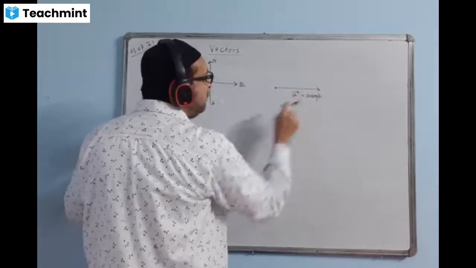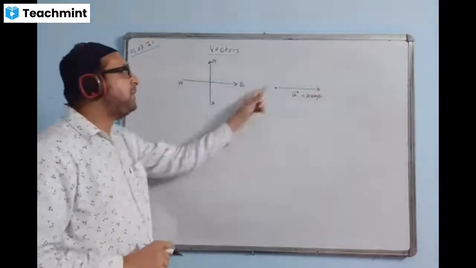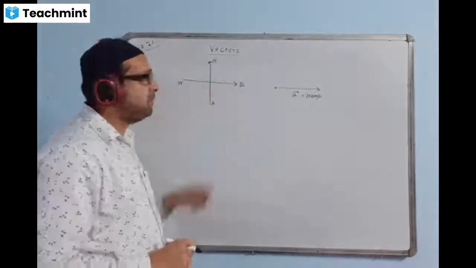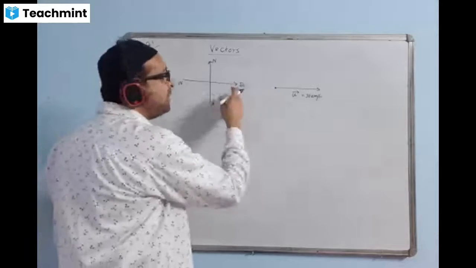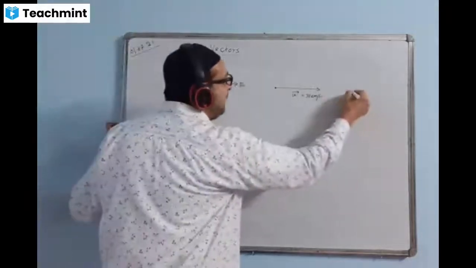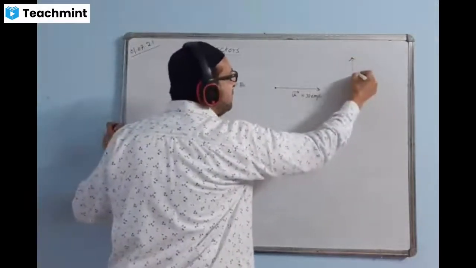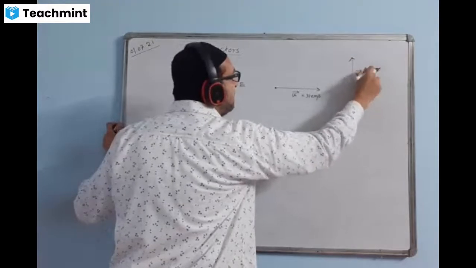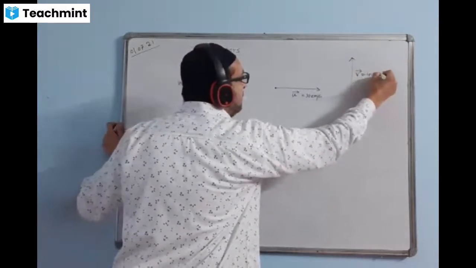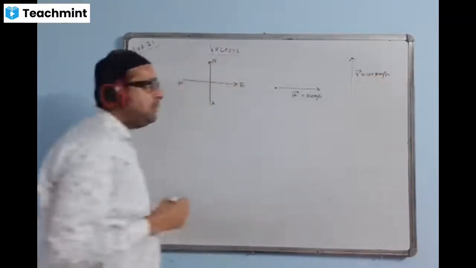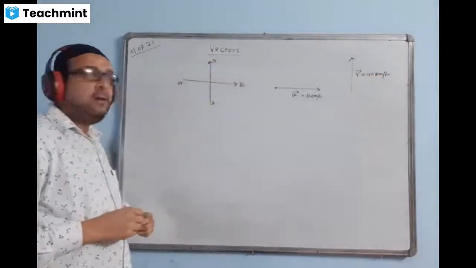That is, the magnitude of this vector U is 30 km per hour and the direction is like this. Then the car is moving towards north, like this. You can draw it separately, independently. This is V, and the direction of V is like this, 40 km per hour.